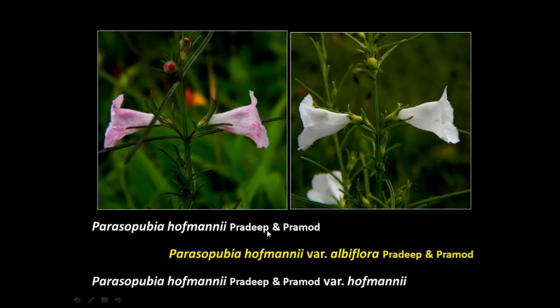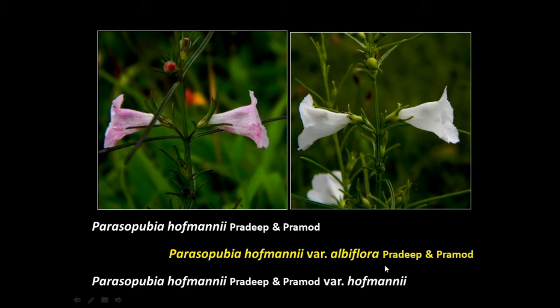And a variety was also described from the same location during the publication of the species Parasopubia hoffmanni. That is Parasopubia hoffmanni variety albiflora. And this albiflora was described by the authors of the species.